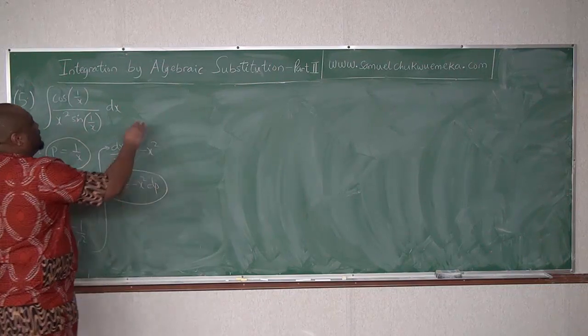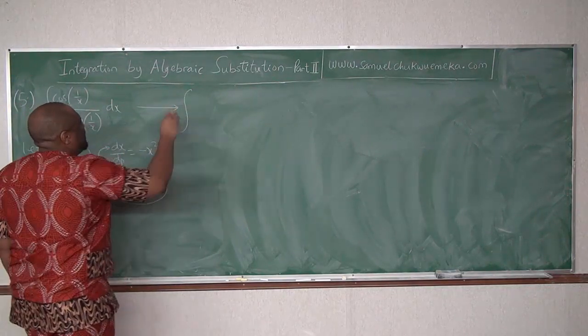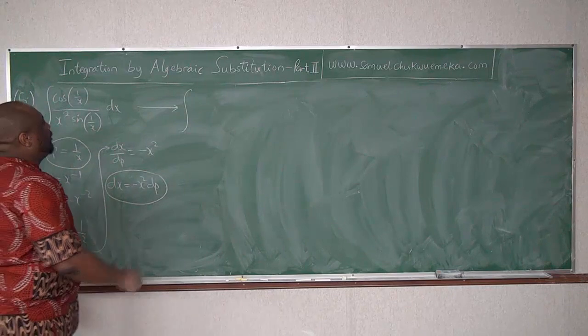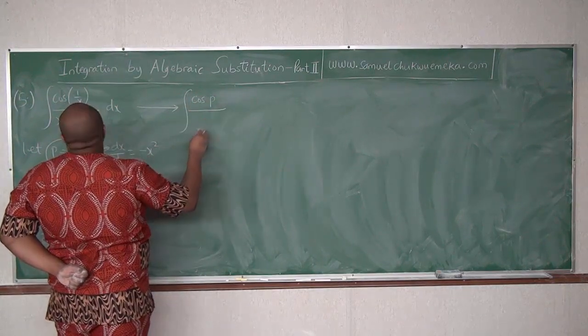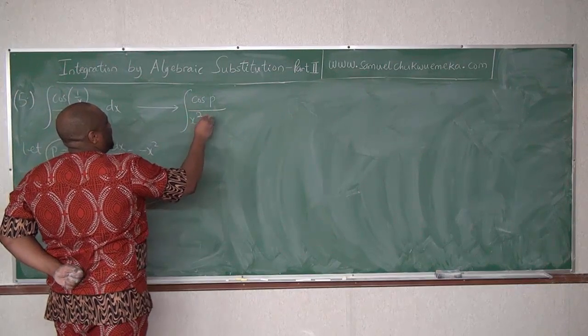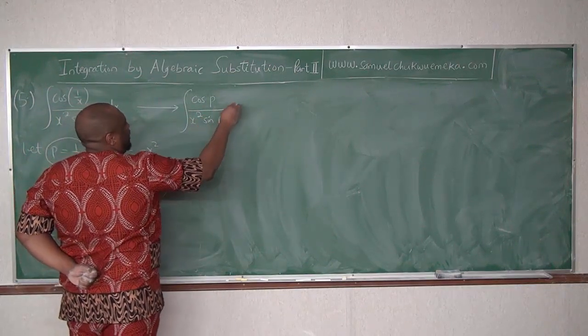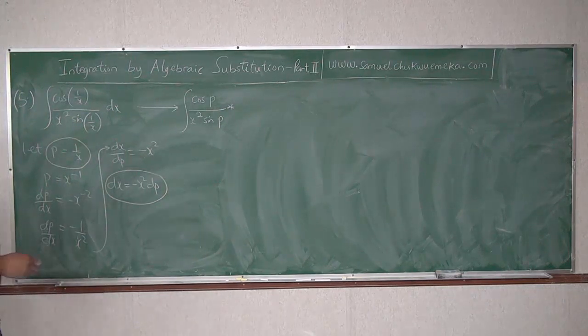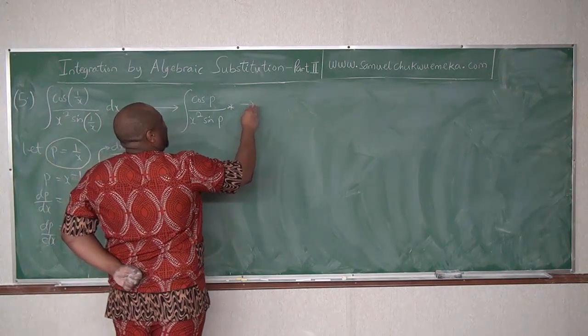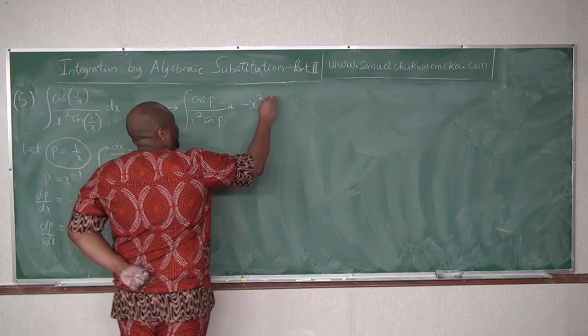So this implies that this is the integral of cos p over x squared sine p times negative x squared dp.